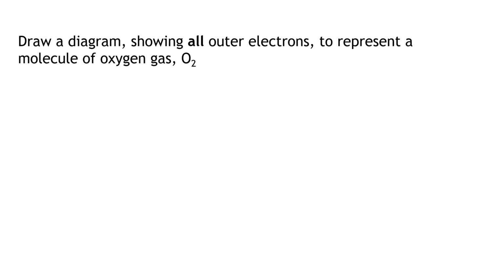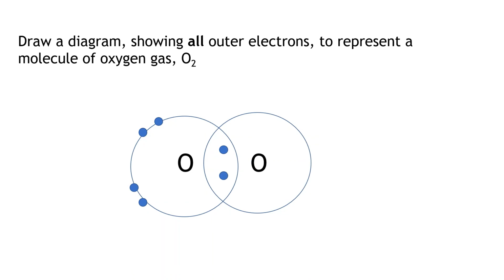Looking at the data book, we know that oxygen has an electron arrangement of 2-6. So we can draw an oxygen atom with 6 outer electrons. Notice that I've put 2 unpaired electrons at the right hand side, which we can use to share with the electrons from another oxygen atom. So here's the other oxygen atom.